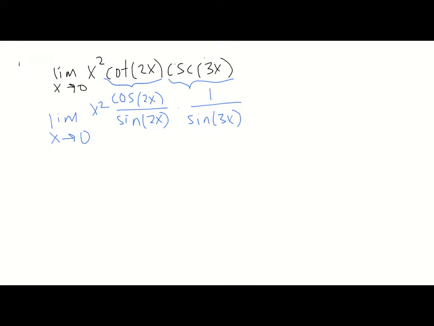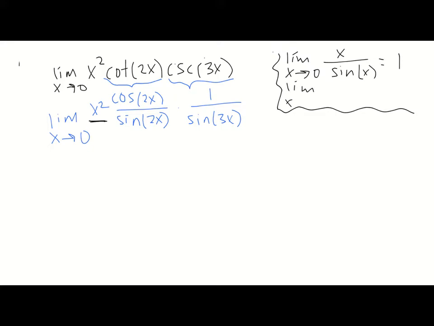And what I want to do next is do something with this x squared. So I know we can do something with sine x over x or x over sine x. So the limit that we're looking to create, if we can, is we're looking to either make the limit as x goes to 0 of x over sine x, which is 1, or we're looking to make the limit as x goes to 0 of sine x over x, which is also 1.